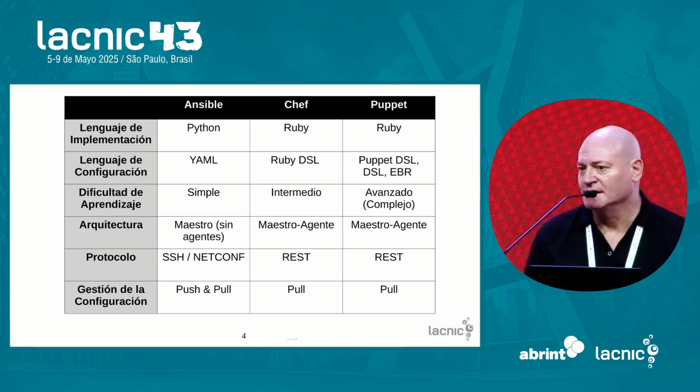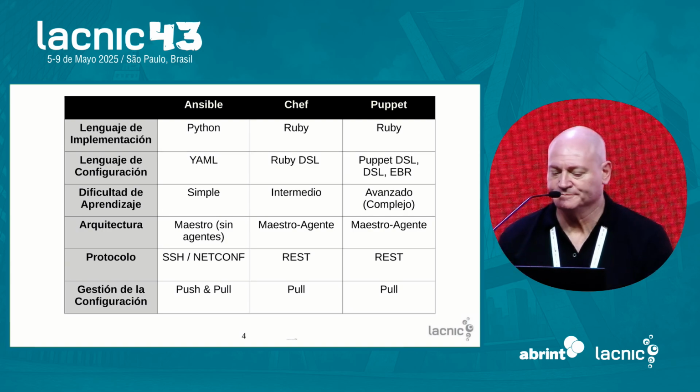They are embedded. The learning difficulty is relative, because we could say that Ansible is easier, Chef is intermediate, and Puppet is a bit more advanced or complex. Working architecture: Ansible only has a master with no agents. The other two, you need to configure in each device an agent that will be managed by the master.